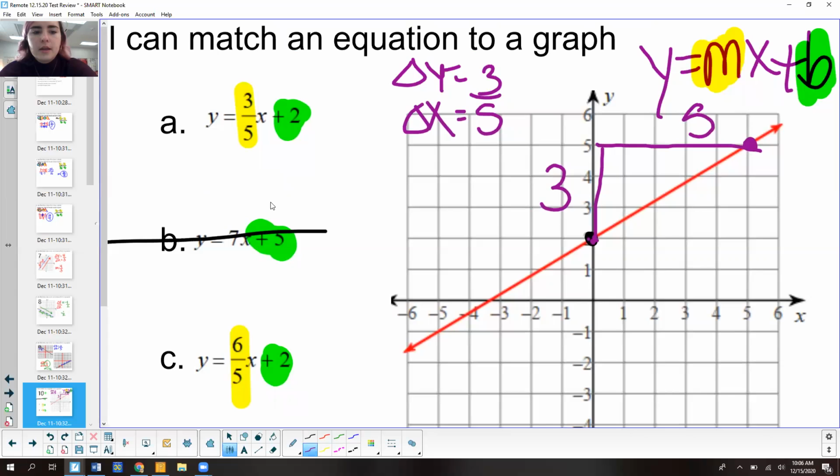Good, guys. So A is going to be the equation that goes with that. I'm hoping that those will be some easy points on your test, but I understand it can be kind of confusing sometimes. So we're going to call it here. We're going to go over some more examples tomorrow, several more examples before you take your test.